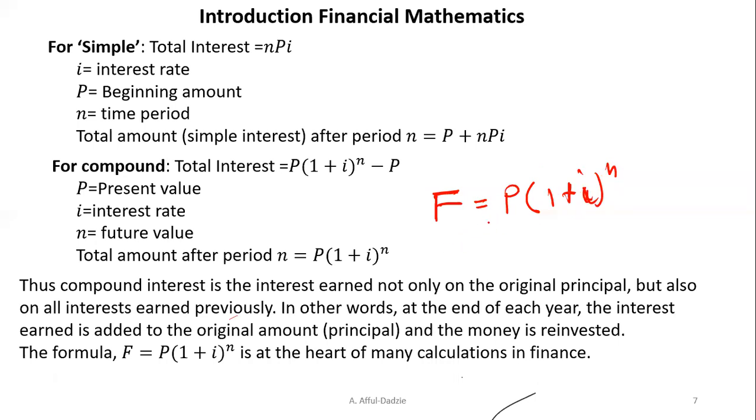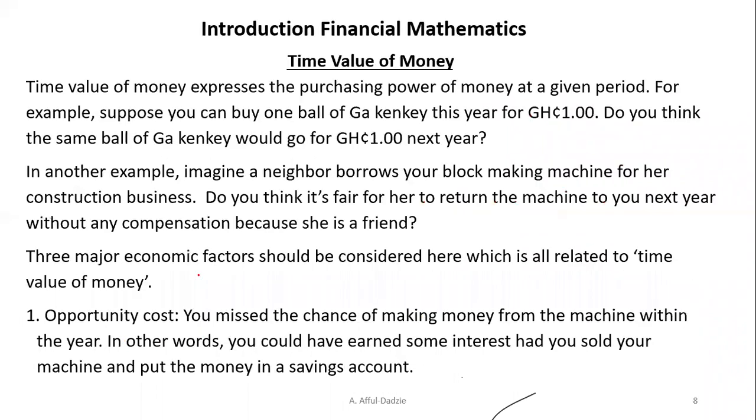Now, it means that we can call this P the present value or the present sum, and F would be the future sum or future value. So this here is at the heart of many calculations in finance, in mathematical stuff. So we can express the time value of money in a form like this.